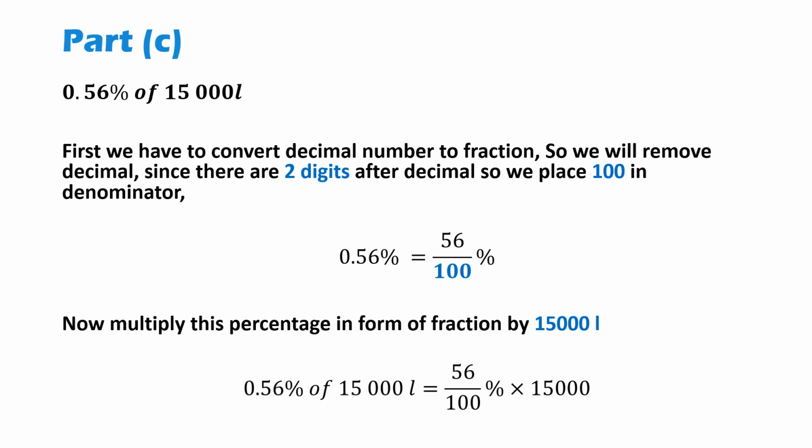Part C, 0.56% of 15,000 liters. First we have to convert the decimal number to a fraction, so we will remove the decimal. Since there are two digits after the decimal, we place 100 in the denominator. Then we multiply this percentage in the form of a fraction by 15,000 as shown.